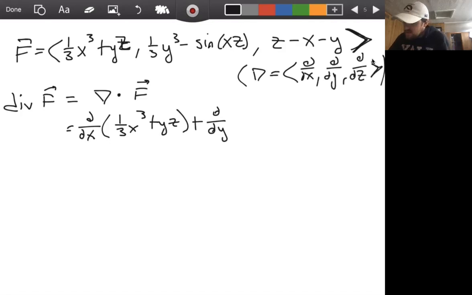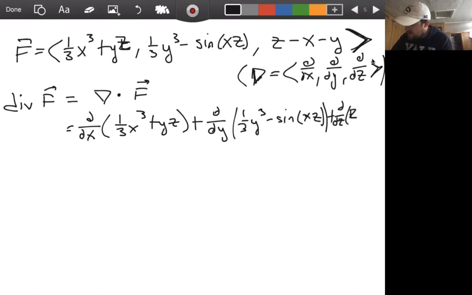So this is d/dy of, excuse me, because this is an operator, so when we take the dot product, we think about applying the operator to F. And so this is 1/3 y cubed minus sine xz, and then plus the partial derivative with respect to z of z minus x minus y.